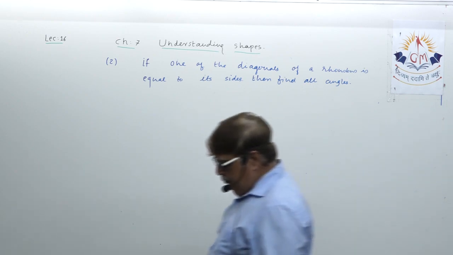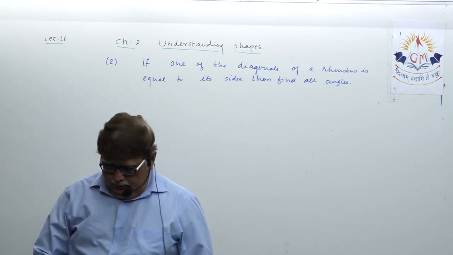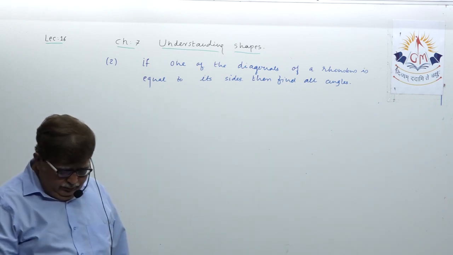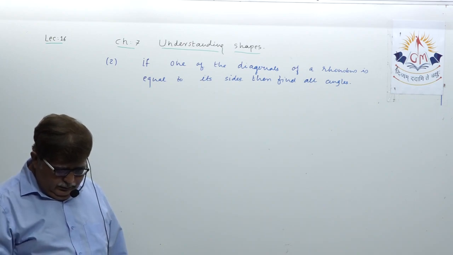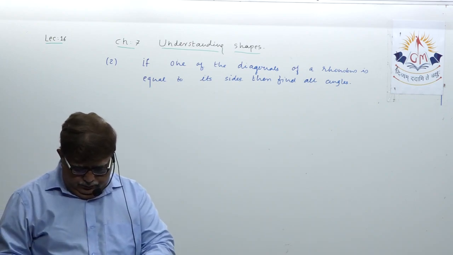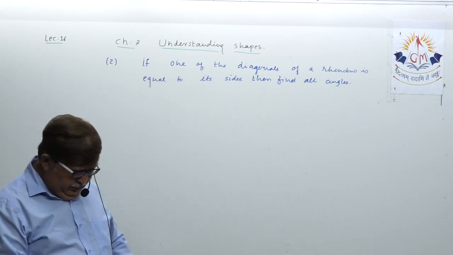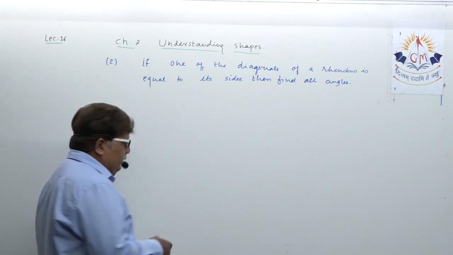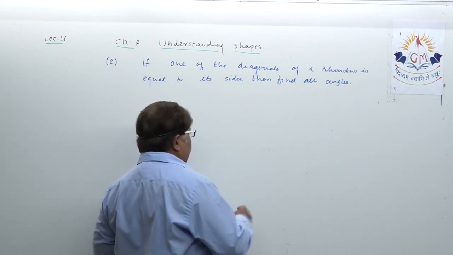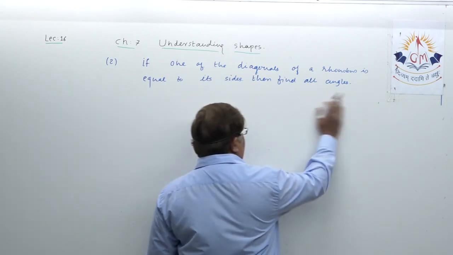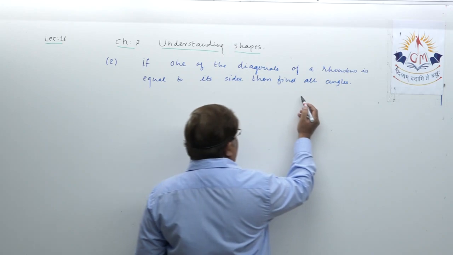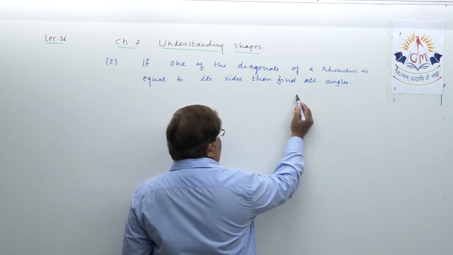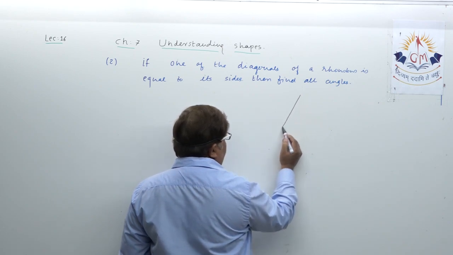Have you thought of this example? Let me do it for you. Understand, that's simple brain stimulation. Suppose, dear student, draw a rhombus ABCD.